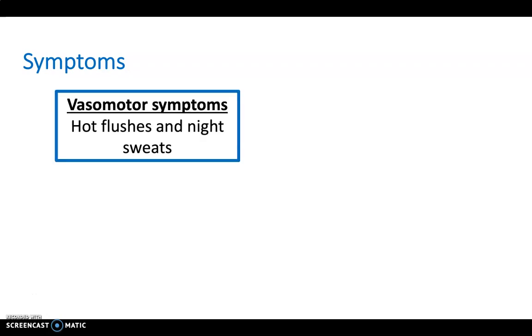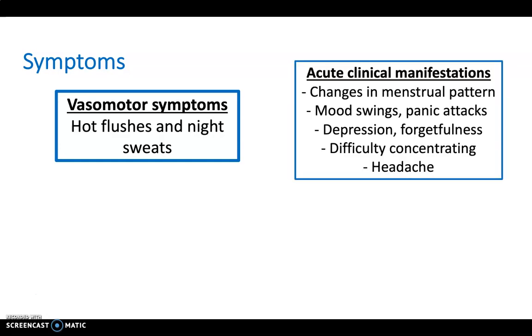So some of the symptoms of menopause. Obviously reduced estradiol can cause a variety of symptoms. Commonly you'll hear about vasomotor symptoms, so menopausal women will be complaining of things like hot flushes and night sweats. You can also get acute clinical manifestations, so things like changes in the menstrual pattern, mood swings, difficulty concentrating, headaches.